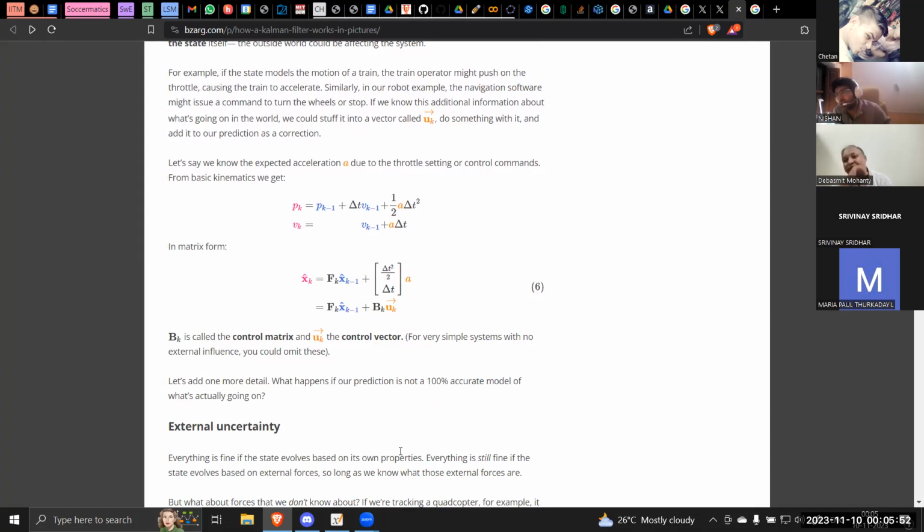In matrix form, we write it as xk is equal to Fk into xk minus 1 plus delta t square by 2 over delta t times a. Basically, we had already shown the first part on the left hand side, what we had done already with acceleration 0.